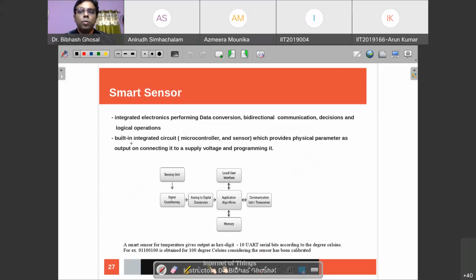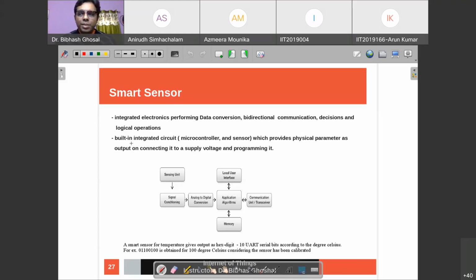Now we can go one step ahead, and we can also have everything in one single unit, and that's what we call the smart sensor. So the sensing unit, the computing unit, the storage, the A to D conversion, etc. In some cases, some kind of processing also has to be done right at the sensor, whether you're going to take some data or not, or you're going to represent the data in a particular format.